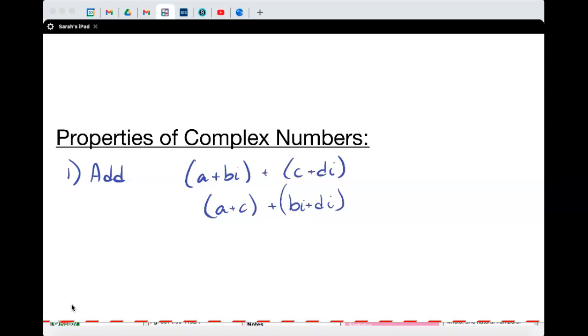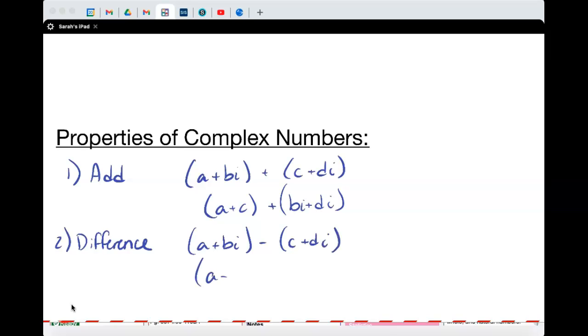It's basically just collecting like terms. Difference works the same way. I can subtract two complex numbers. Same thing, we're regrouping, combining the real parts and the imaginary parts.